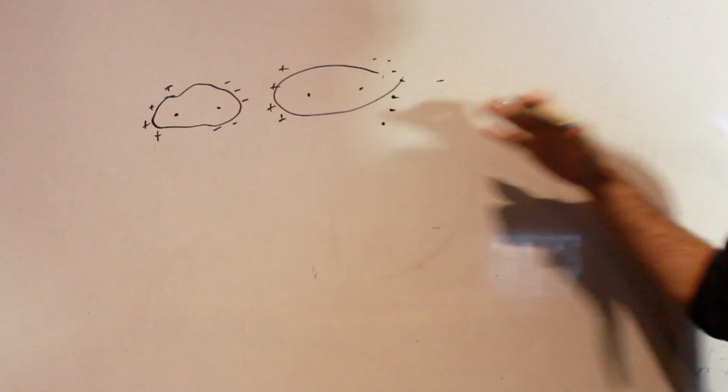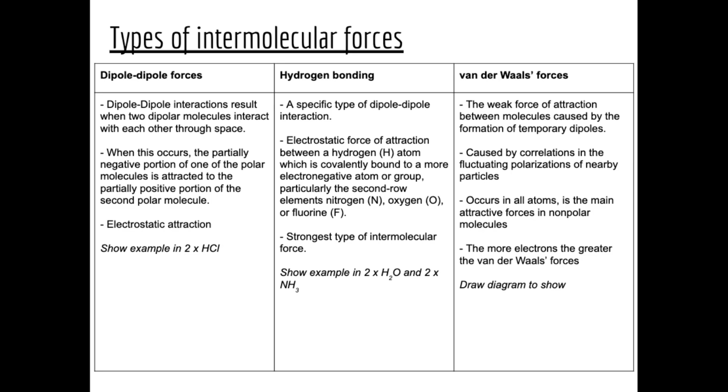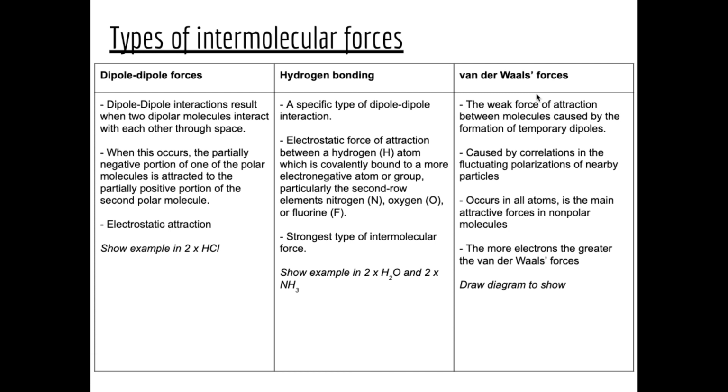This can then cause that in another one, cause that in another one, and so on and so forth. So we get all these temporary dipoles, these weak van der Waals forces that just happen to cause an interaction and cause a small force of attraction between molecules.